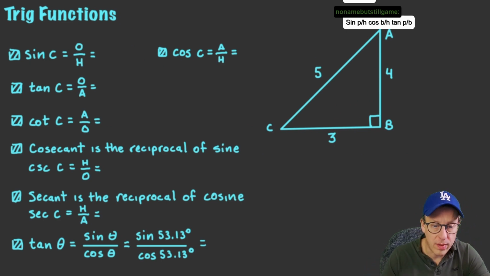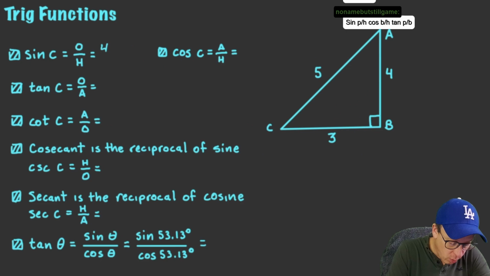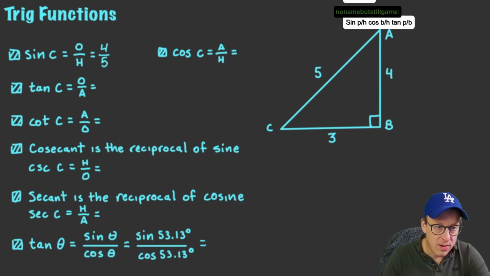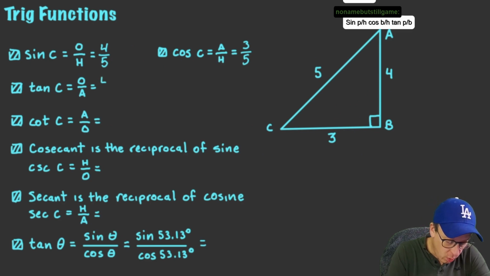So now, knowing our trig functions, how can we calculate the angle for this little triangle that we have right here? Well, sine of C in this circumstance would just end up being 4/5. And if we wanted to find the cosine, that's going to be equal to 3/5. The tangent is going to be 4/3; I'm not going to work out this division.